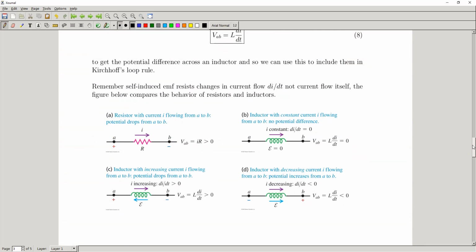We can see that in the case where our L di dt is greater than 0, that's the case that we have here. If we have current flowing in this direction and increasing in this direction, like our di dt is greater than 0, well, then we're going to have an EMF working in the opposite direction. So where we have current flowing from A to B, we have EMF pointing in the direction from B back to A.